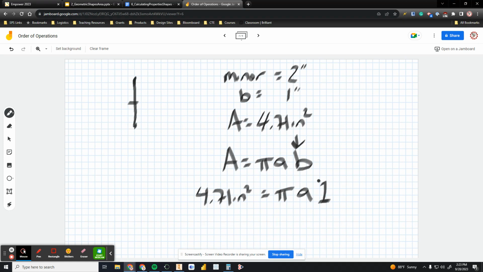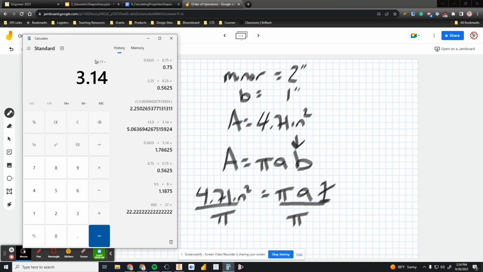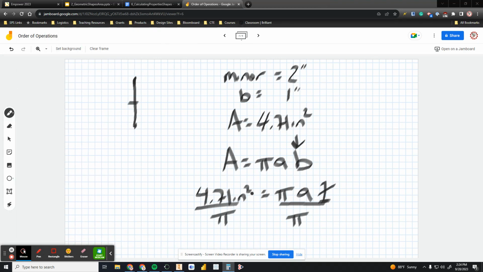Now, pi times 1 is just pi, so I'm going to negate that 1. And now we need to get pi. It's being multiplied by A, but to do the opposite of multiplication would be division. So I'm going to divide by pi. 4.71 divided by pi is equal to 1.5. It's very clean.